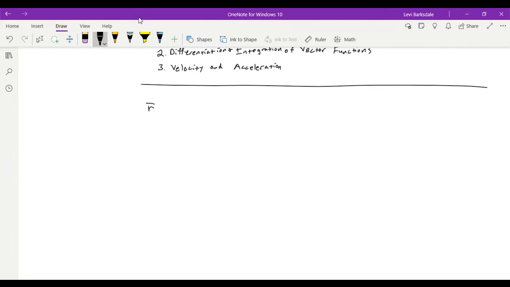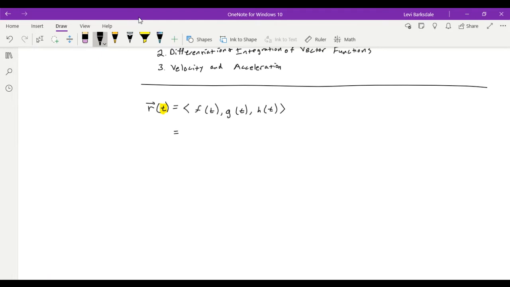You might see it something like this, where our function r of t takes in a t value as input, and the output is some vector r. You can see it written in the form f of t, g of t, h of t, where the vector components are functions of t themselves.